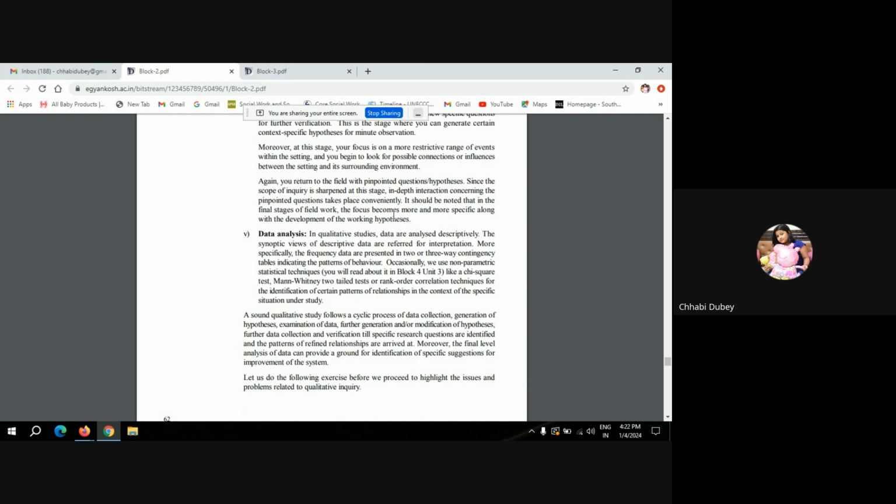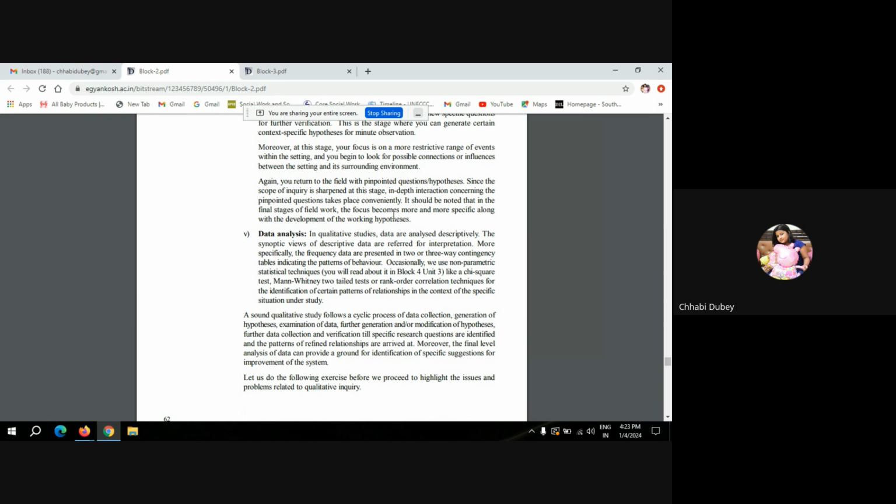We may use certain non-parametric statistical techniques also, like the chi-square test, Mann-Whitney two-tailed test, and rank order correlation technique. Now you need not get too much into details of these tests, but they can be used for data analysis.